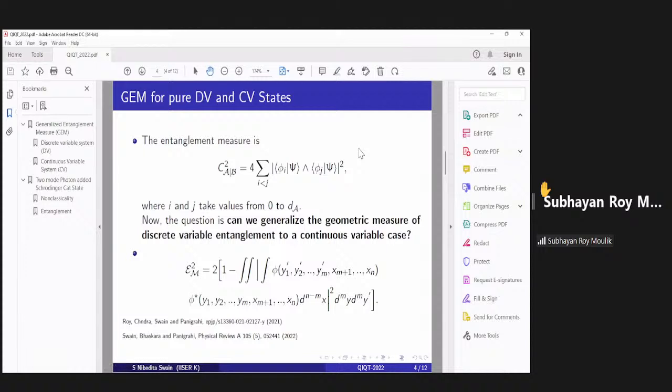But how do you know the phi? How do you choose your basis? I think that's for continuous variable cases, and we have to follow the condition of the orthonormal basis. If it follows that, then we can find the entanglement.